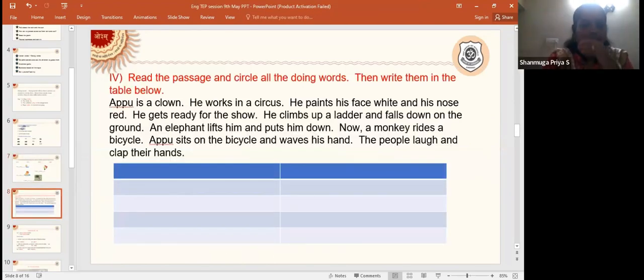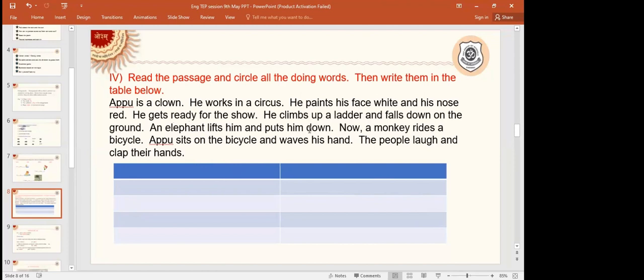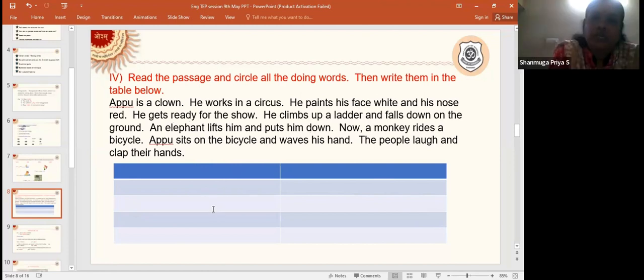Then later on, we can give them a simple passage and ask them to circle all the doing words. Now I would give you 5 minutes. Just go through this, read this passage and pick out the words. How many doing words were there in this passage?